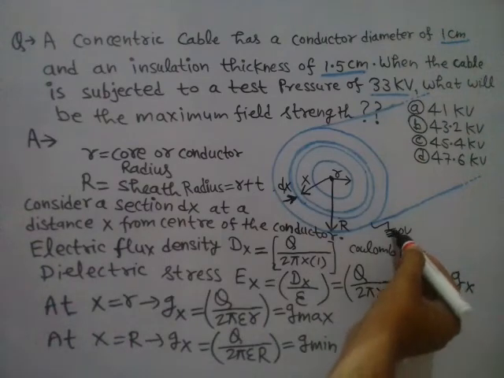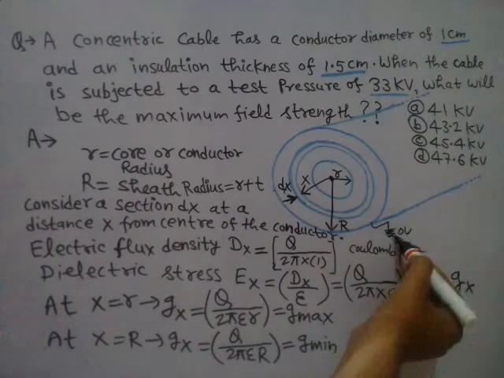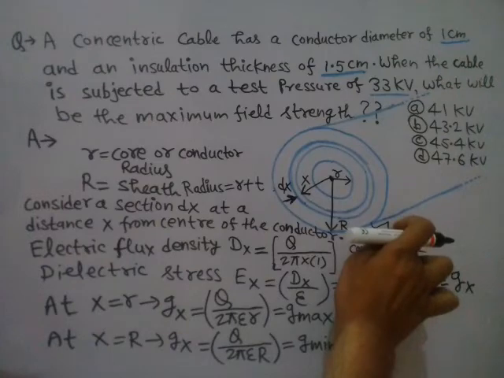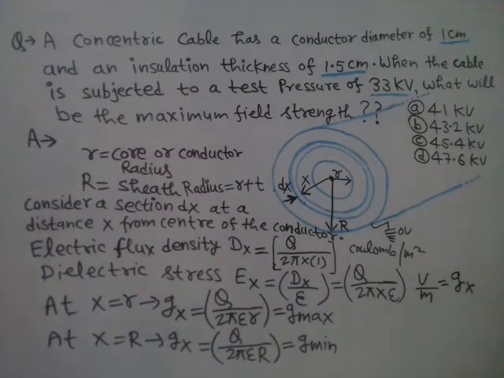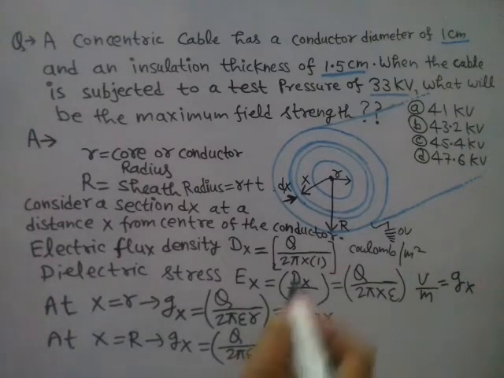So the potential difference between conductor and the sheath will be equal to the work done to move a unit charge from the conductor to the sheath.